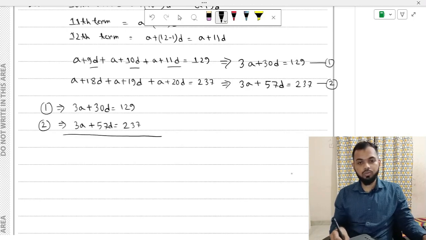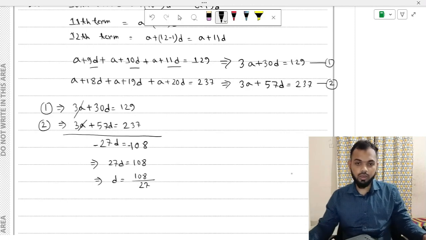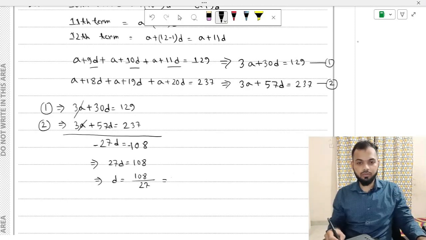Simply subtract these two equations. The 3a terms will get cancelled out, and from here we will get minus 27d is equals to minus 108, and d equals to 108 divided by 27, which is basically 4.